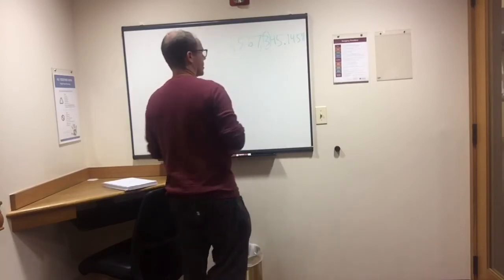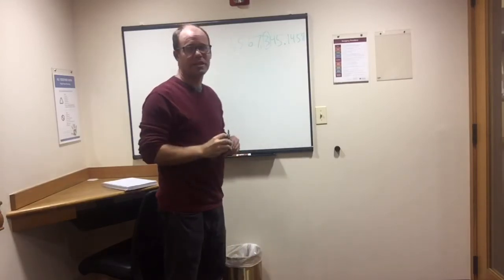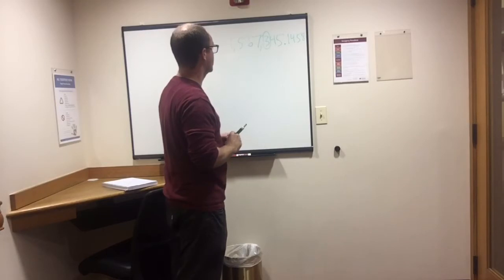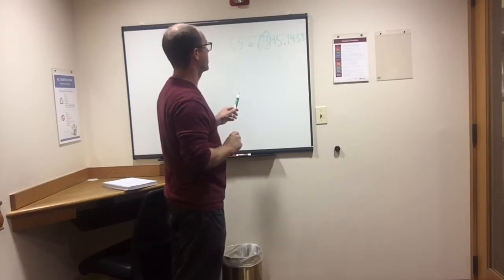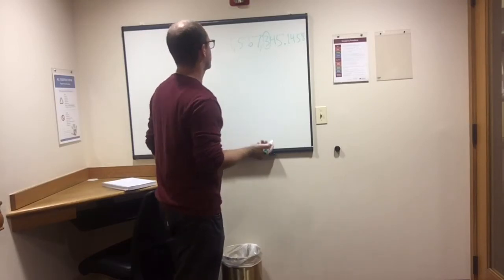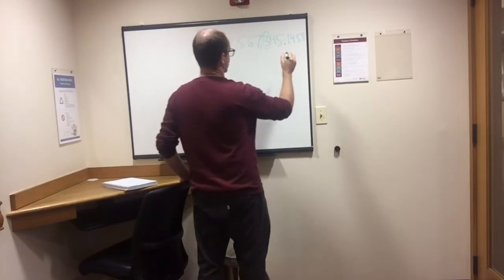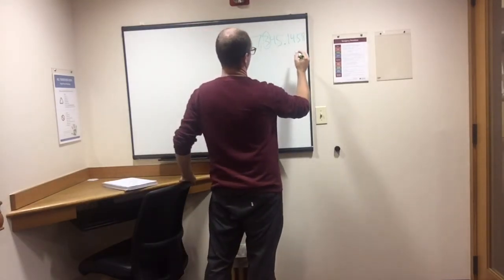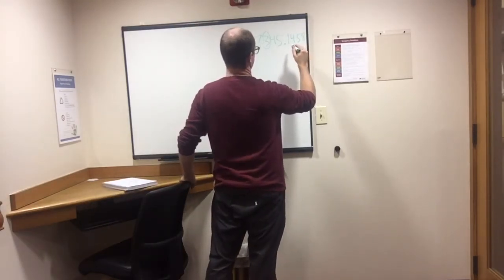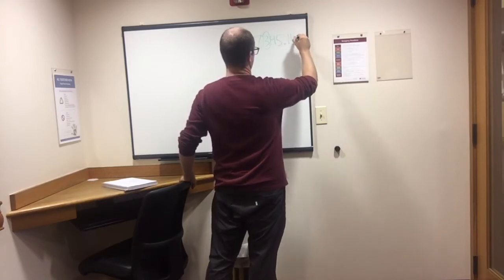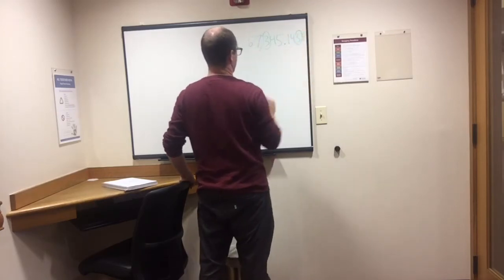Looking at going to the right of the decimal point again, in case we're still uncomfortable with that, what if it was round to the nearest thousandth? So tenth, hundredth, thousandth, that number right there.